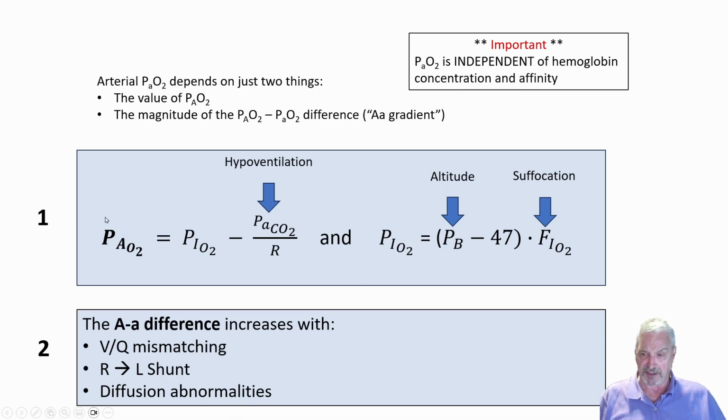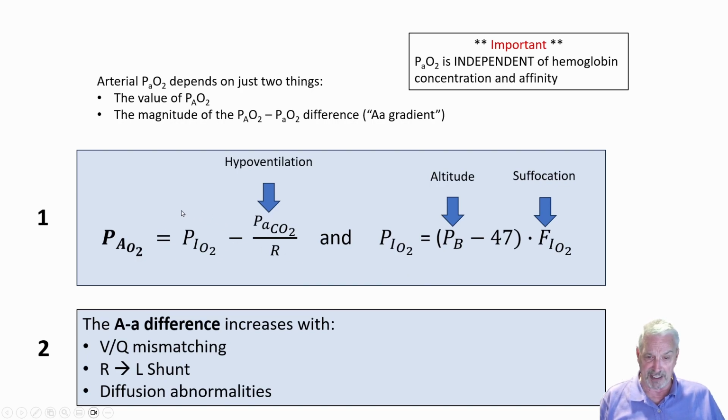So just thinking about PAO2 again, we remember that it's PiO2 minus PaCO2 over R, where this is sort of the amount of oxygen you took out and burned up, and this is the amount of oxygen you started out with. Therefore, the PAO2 is what's available in alveolar air to get into arterial blood.